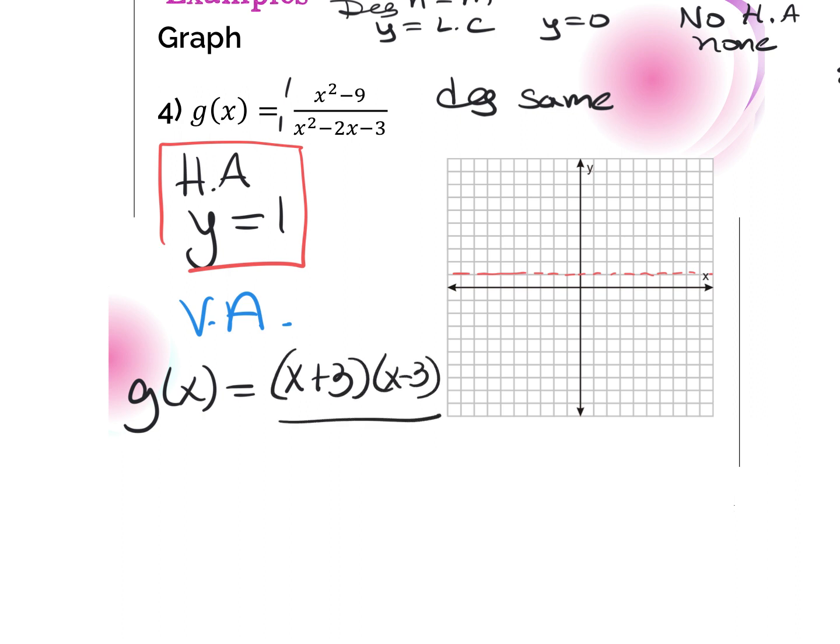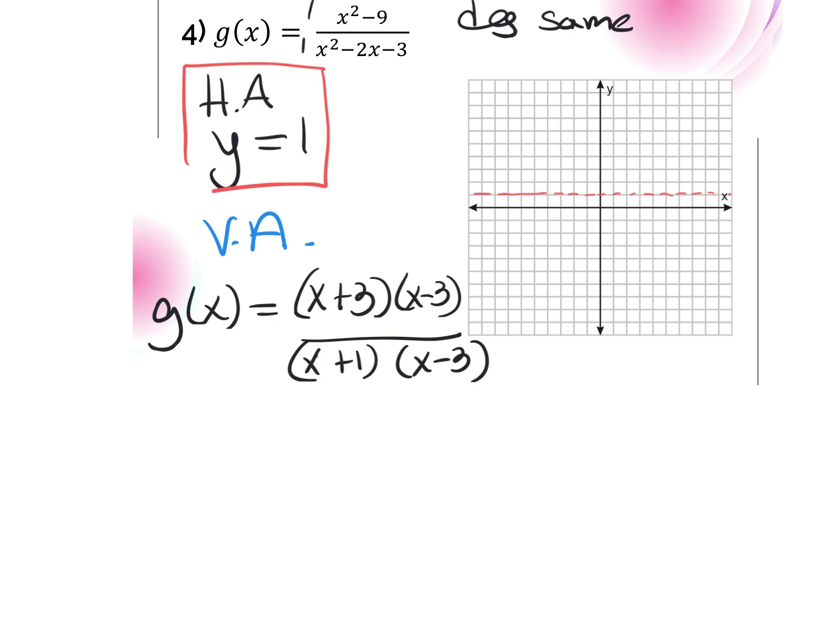And the bottom, that trinomial will factor into x plus 1 and x minus 3. Notice the x minus 3's cancel. This also indicates that I'm going to have a hole in my graph, but I'm going to finish finding the vertical asymptote first, and then I'm going to find the hole.